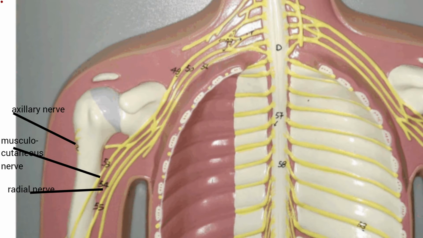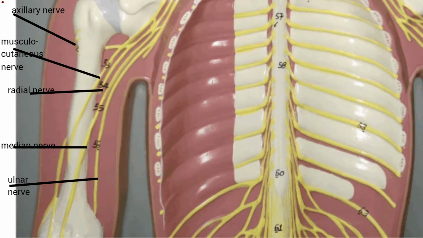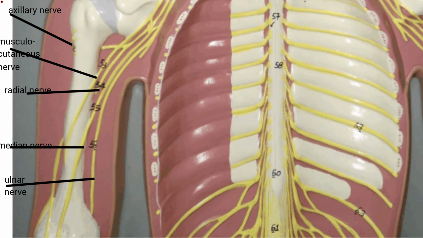Let me just move it up and label it. That is called the cauda equina. Which means horse's tail. Okay. Go to the next one.